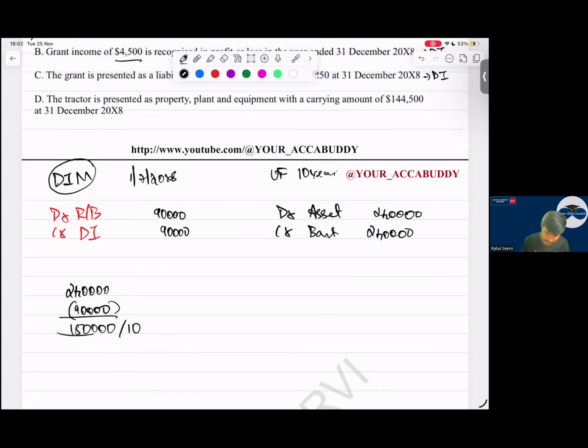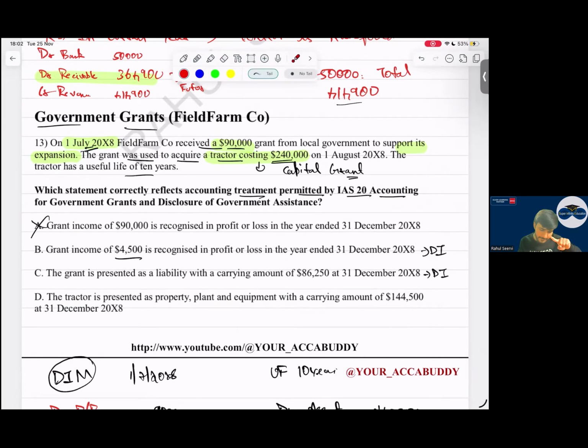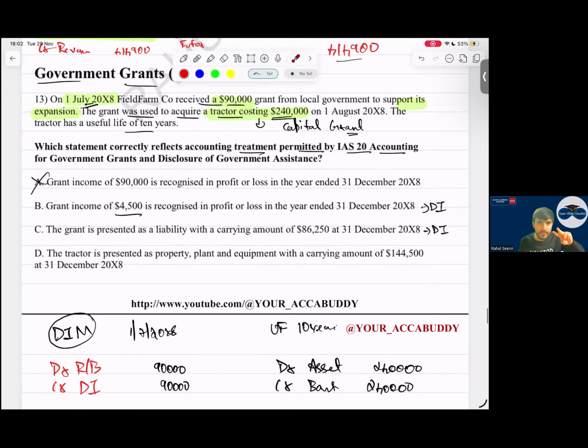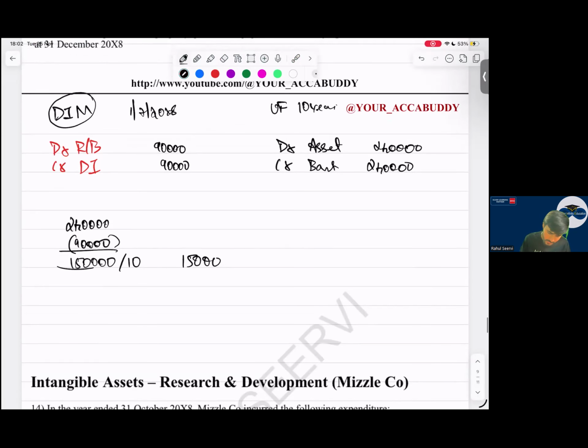If I depreciate for 10 years, 15,000 is the depreciation. Into how many months? August, September, October, November, December: 5 months. So 15,000 into 5 divided by 12 is 6,250.